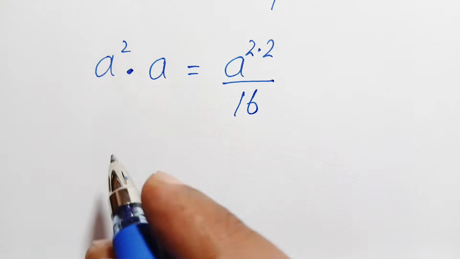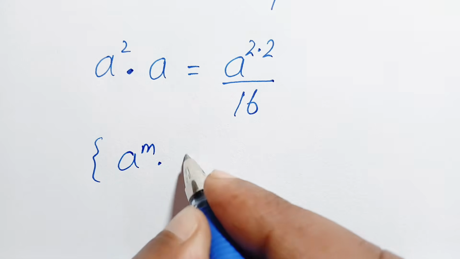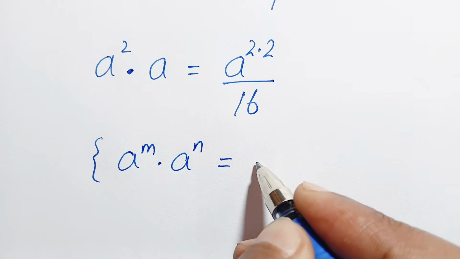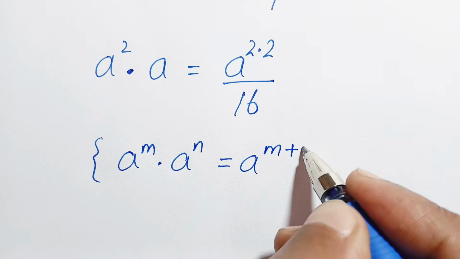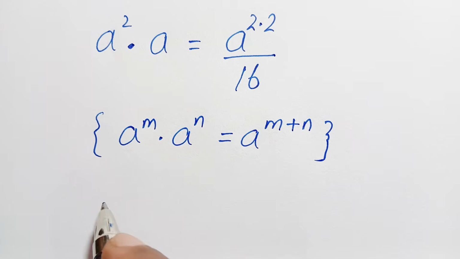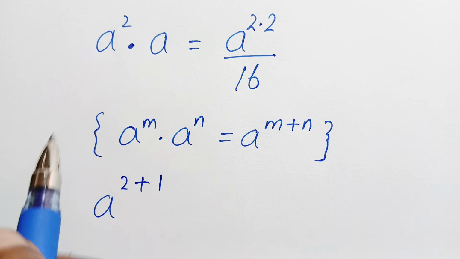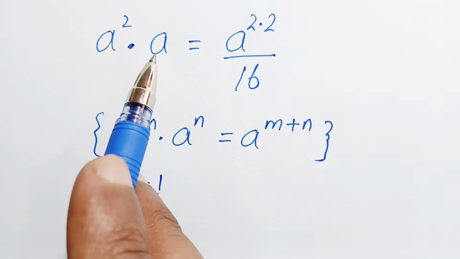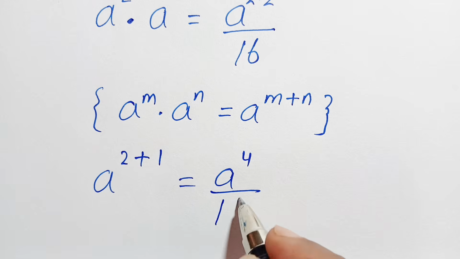Now as we know that a power m times a power n, we can add the powers of the same base. This becomes m plus n. Now a square times a: here the power of a is 2, here the power of a is 1, equal to a to the 4 by 16.